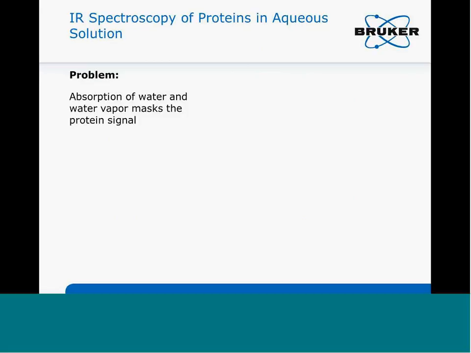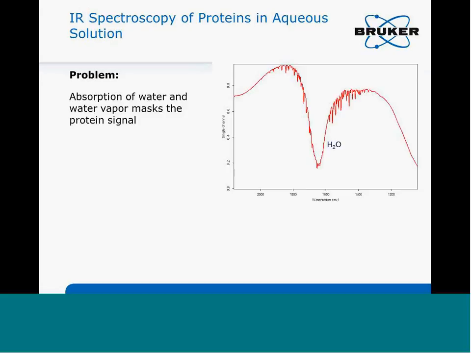Easy, but the problem is how to get a good quality spectrum of a protein. And the problem is water. You need to measure the protein in a natural environment, in buffer. Buffer is a water buffer, and water itself has huge absorbance around 1600 wave numbers, as I showed you in the introductory slide.